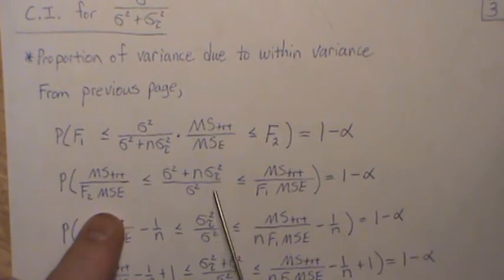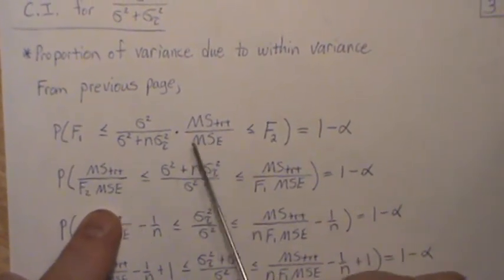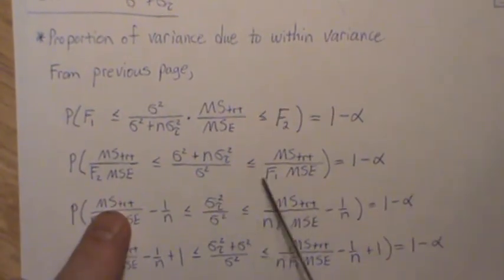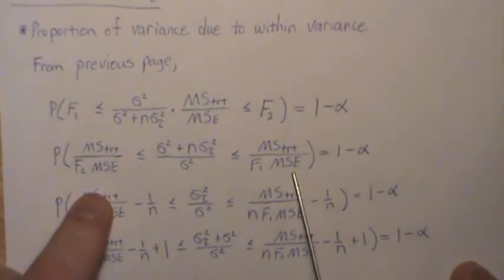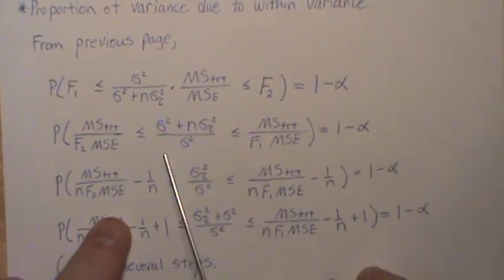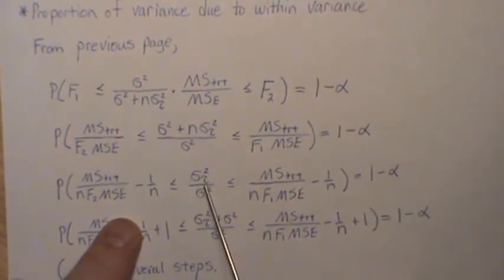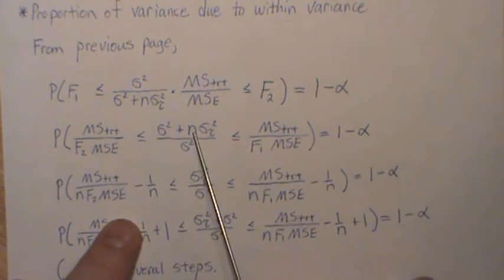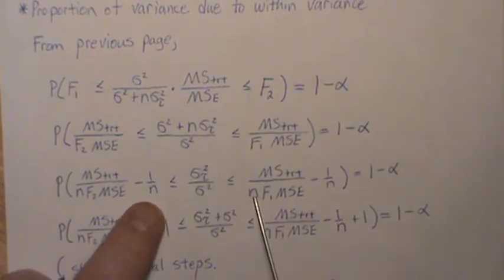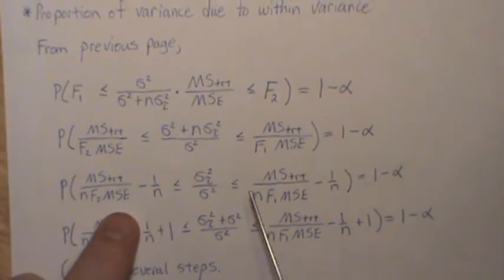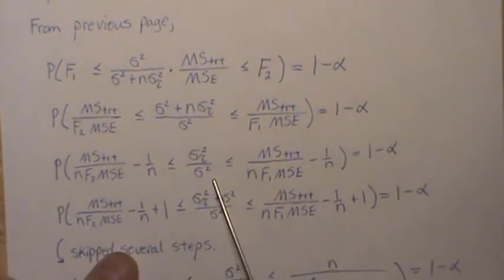So then we divide this to both sides, and then we take the reciprocal, and that's what we get here. Then here we subtract 1 from both sides, but then we divide by n, and that's what these 2 pieces are here. That's divided by n. So we're left with this.